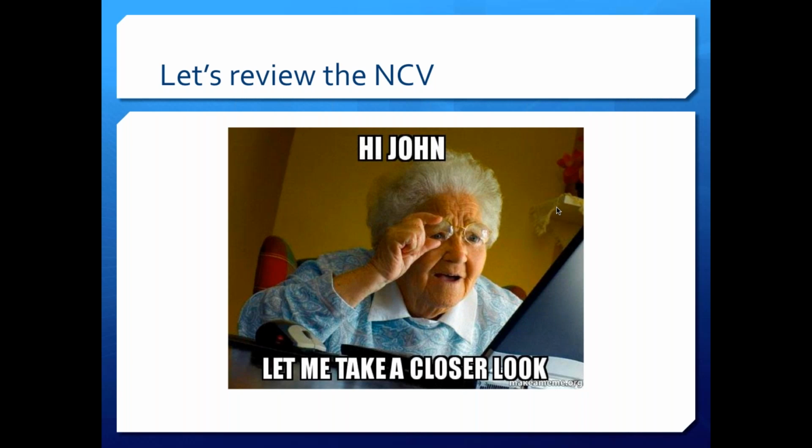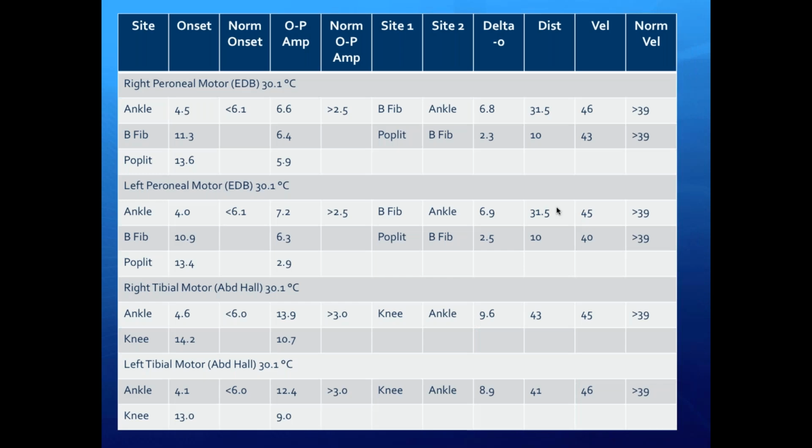So you guys were pretty sharp, and you answered a little bit of my questions before. We talked about it briefly, and I glossed over it because I don't want to give the answer now, but we do have that drop in amplitude from the below fibula segment to the popliteal segment, from an amplitude of 6.3 to 2.9.